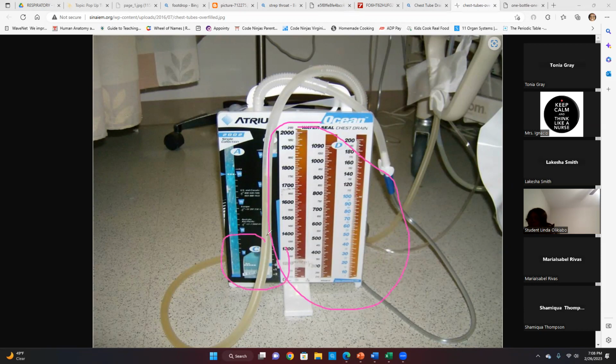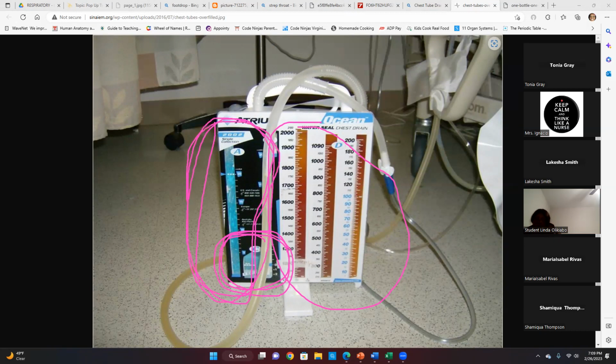Below right here, this is going to be the water chamber, and if there is continuous bubbling in the water chamber, that tells us that there is an air leak somewhere. Okay, this next chamber that I'm circling, this is the suction chamber. And it's okay for there to be a gentle continuous bubbling because that's actually the suction.